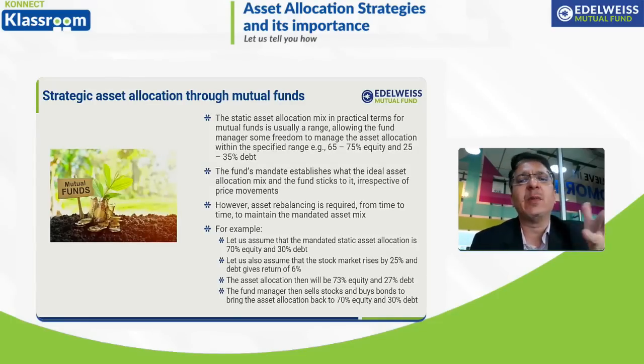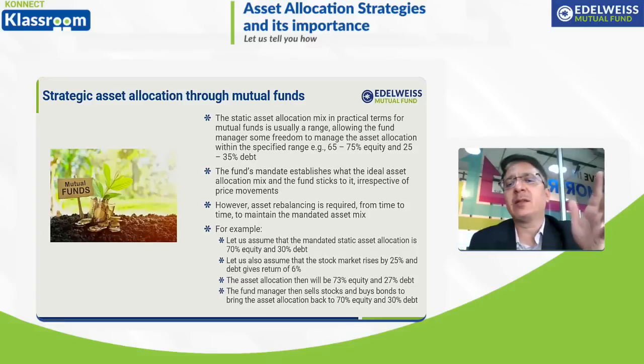So this is the asset mix which has been pre-decided, and it's available for all of us to see. Basis this, the fund manager will invest, so this is part of the fund mandate: 65 to 70% in equity, 25 to 35% in debt.